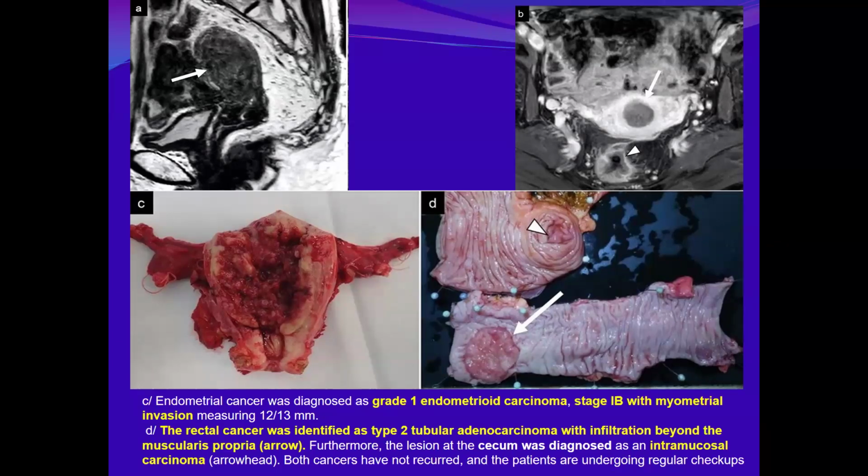The rectal cancer was type 2 tubular adenocarcinoma infiltrating beyond the muscularis propria. The patient also had a third cancer in her cecum, which was not included in the view of the previous image.